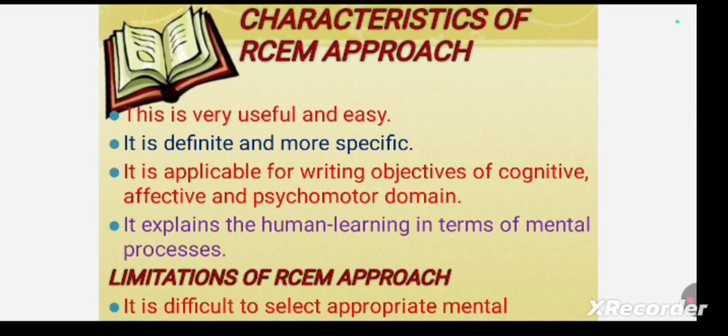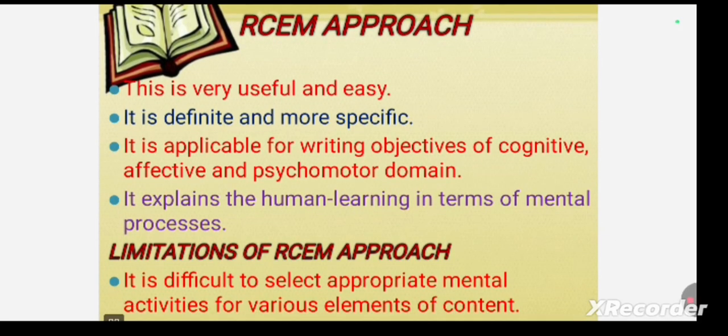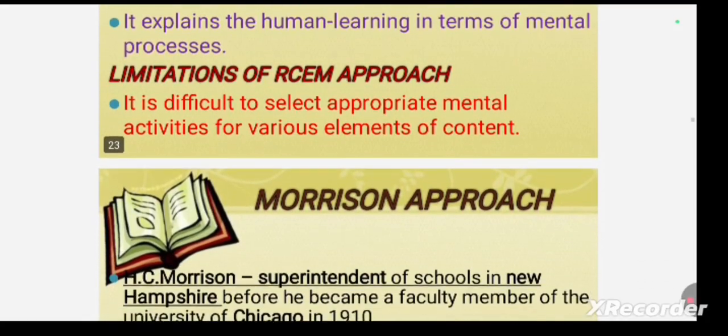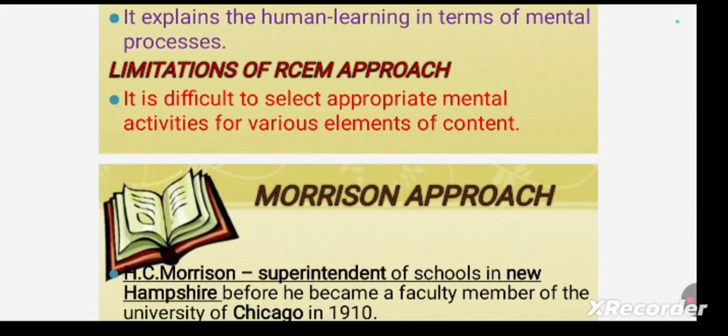And the characteristics of the RCEM approach: it will be useful, easy, and as I said, it will be concentrating on all the skills, that is cognitive, affective and psychomotor, even though it has some limitations. Whether it is a person or object or method or project, each and everything will have 2 things, one is plus and one is minus.